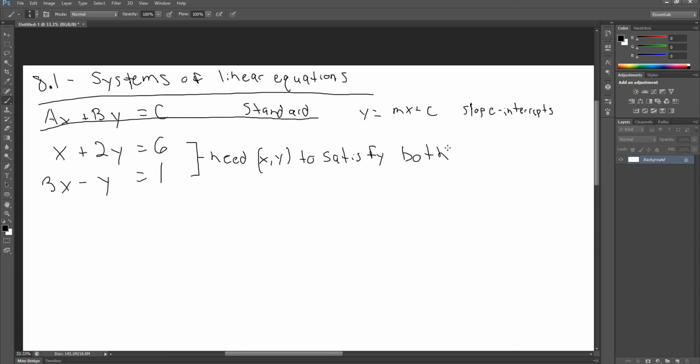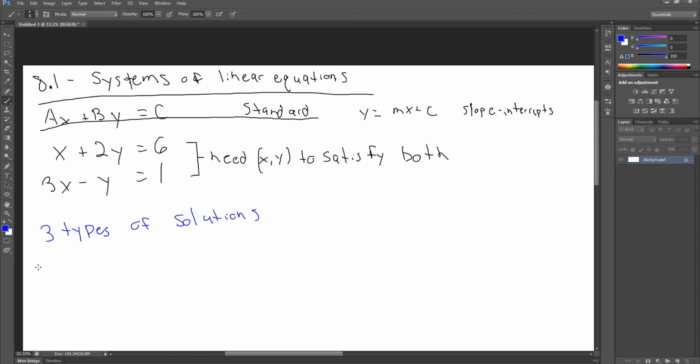Now before we get into solving these, we're going to actually recall that there are 3 types of systems that can give us a different number of solutions. I'm going to do this in blue since it's kind of just a sidebar. So there are 3 types of solutions.